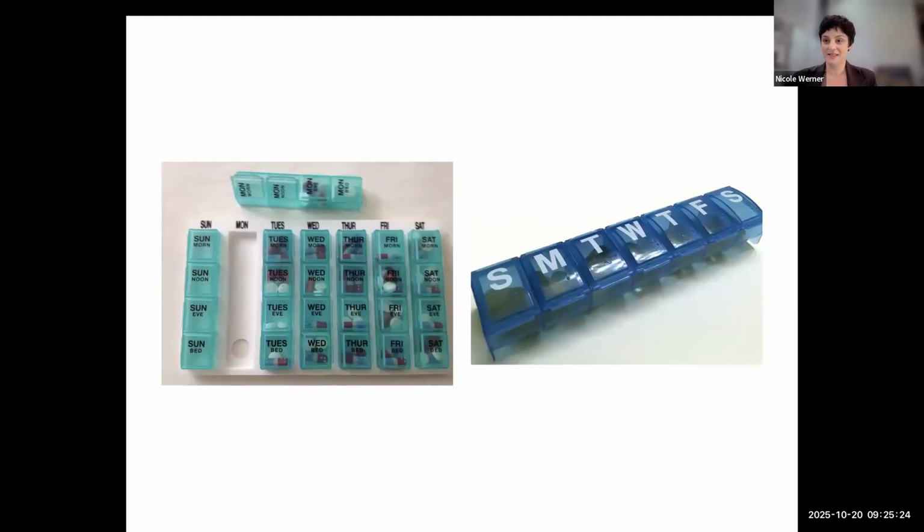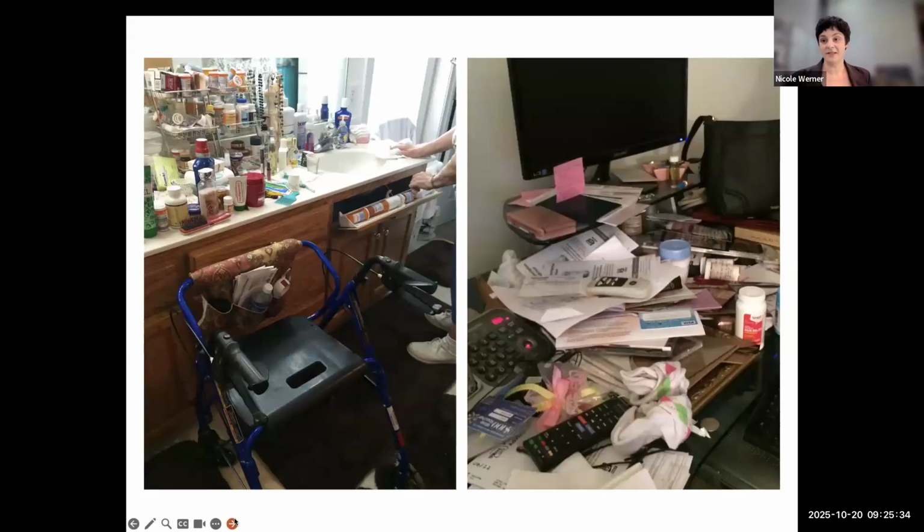So this is a really common solution that's used for people at home to try to help them organize and keep their medications on track. And I've done a lot of work where I've gone into people's homes and just really tried to understand how they manage their medications. And I quickly realized that solutions that might work for one person, like a pill box, might not work for other people, and that people create their own systems at home. And even though these pictures look cluttered or disorganized, they actually have created systems that work for them to manage these medications.